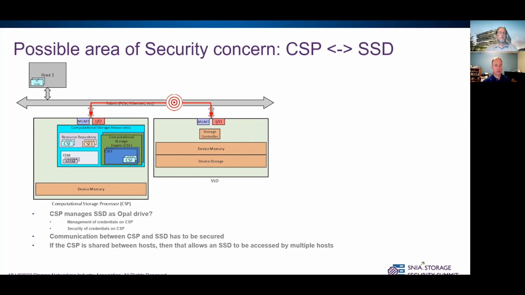Finally, you do have to make certain that the communication between the CSP and SSD are secured, in particular if you're going over something other than just a local fabric.